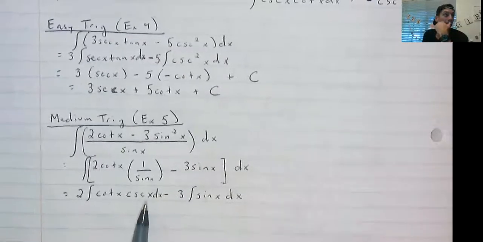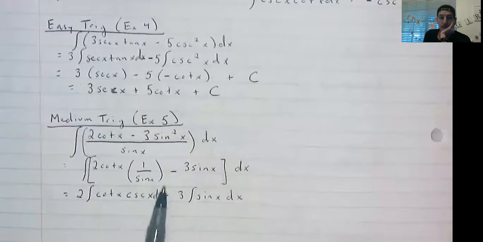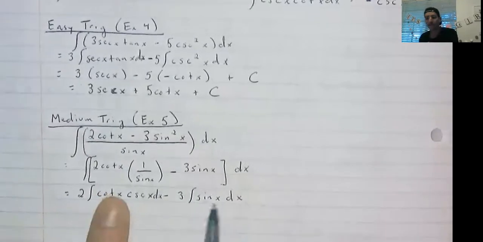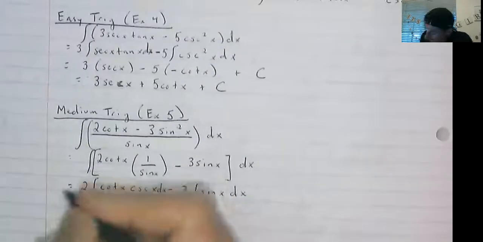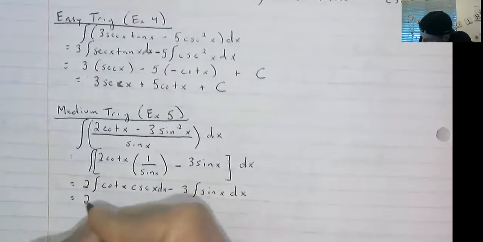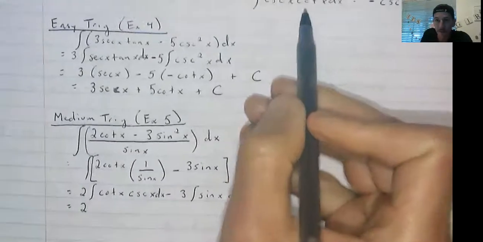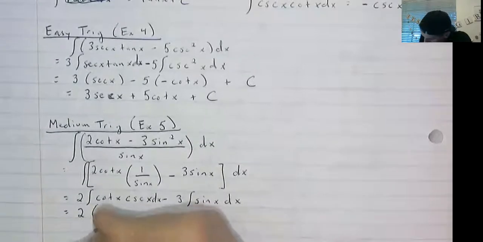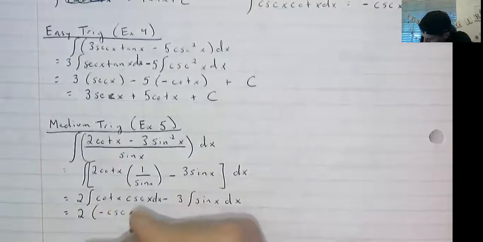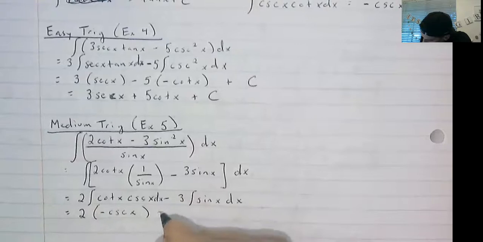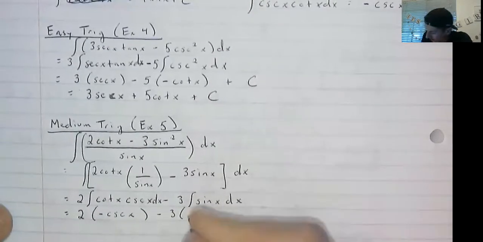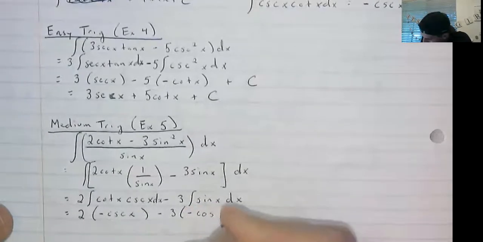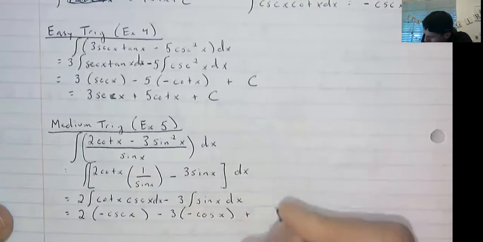So now we have transformed this into something where we can find both of these expressions on the left side here and evaluate. The antiderivative of the cotangent times the cosecant is the opposite of cosecant. The antiderivative of the sine is negative cosine, and all plus c.